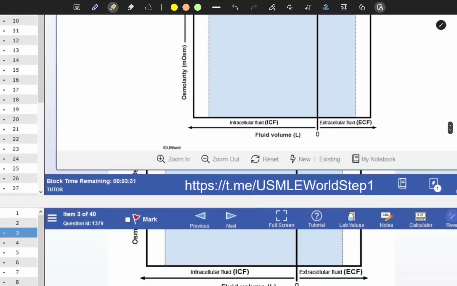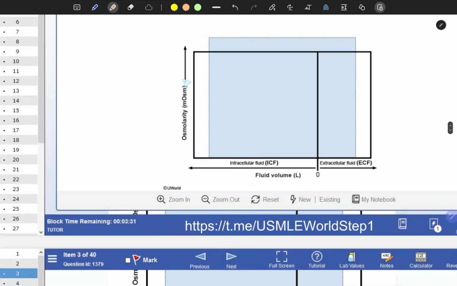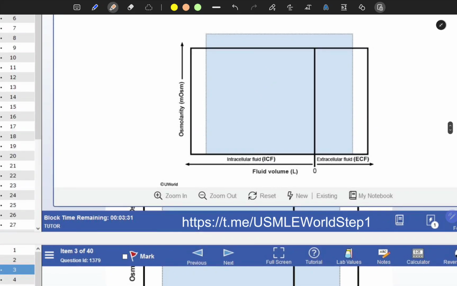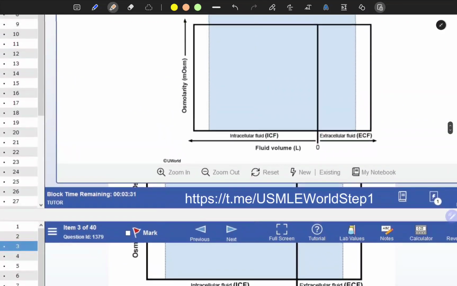Okay, let's see. Here is the osmolarity going upward, and the fluid volume, with the intracellular fluid on the left and the extracellular fluid on the right. We can see that this blue area has risen above, and the right and left portions have decreased.